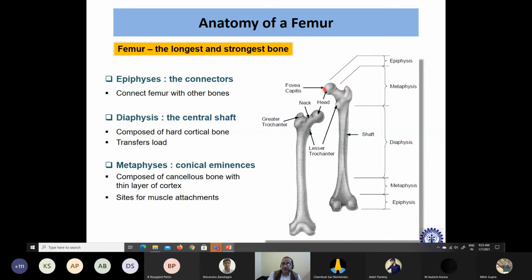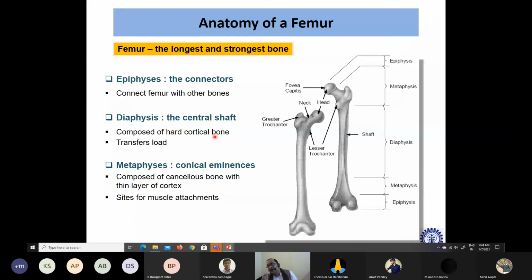So this is the femur head, and this is where it forms the hip joint. The diaphysis, or the central part of the shaft, is composed of hard cortical bone. I will enter into details of bone, but not now. You can feel that the shaft of the femur is very hard and dense, compact cortical bone, and it is hollow.